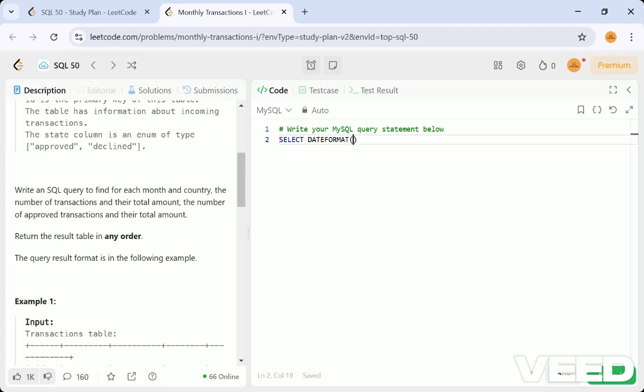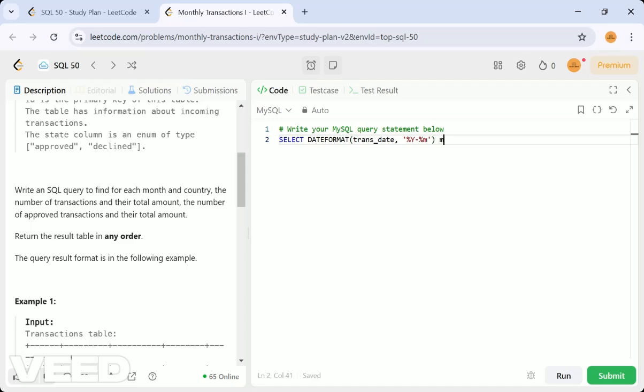The date format we first check using wildcard-like string characters. So first it is the year, and then the month. Month is a small m, so year and month we have.